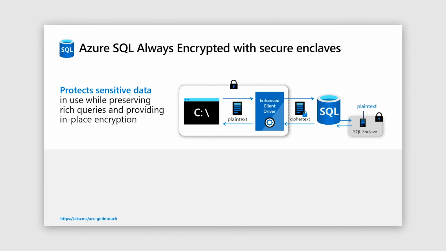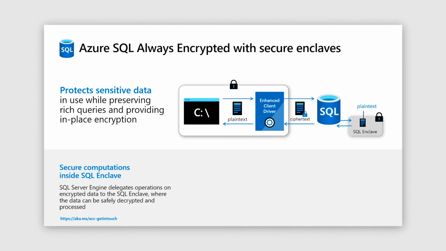This should feel pretty seamless because you can now do secure computation inside that SQL enclave, where the SQL engine is itself delegating those operations on encrypted data to the SQL enclave, where the data itself can be processed and decrypted safely when it is actually being used.